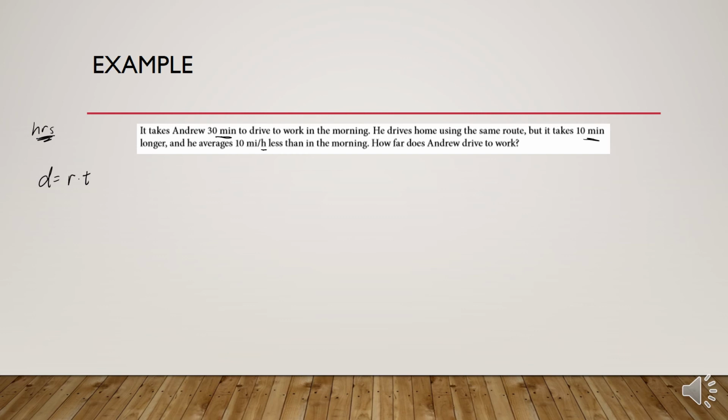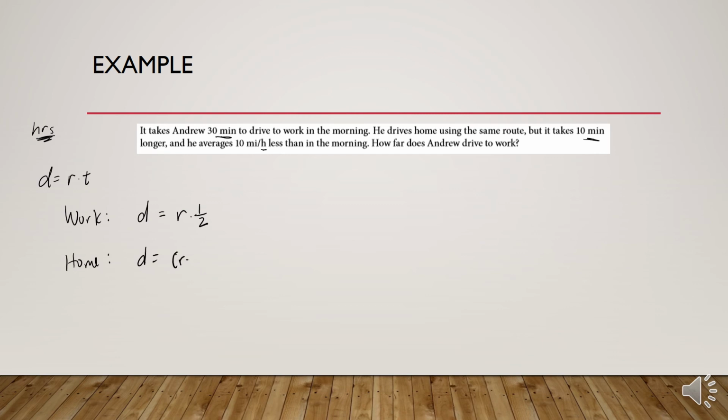On Andrew's way to work, the distance that he traveled was whatever rate he was driving times that 1/2 hour that it took him to drive. On his way home, though, the distance that he traveled, well, he went 10 miles per hour less.